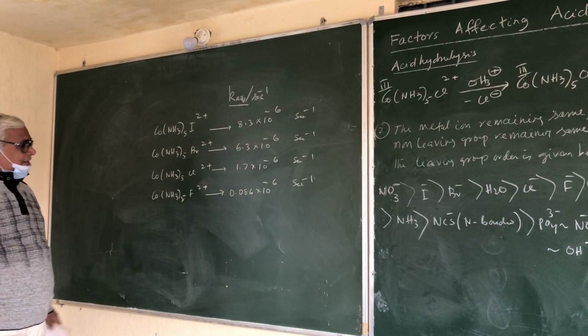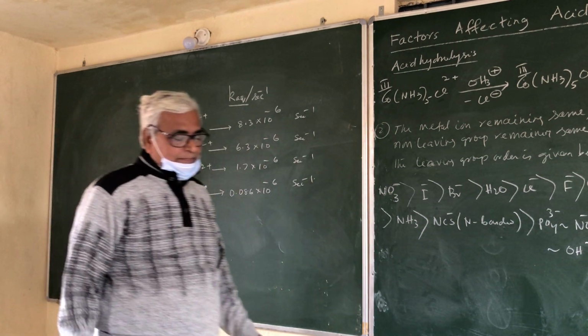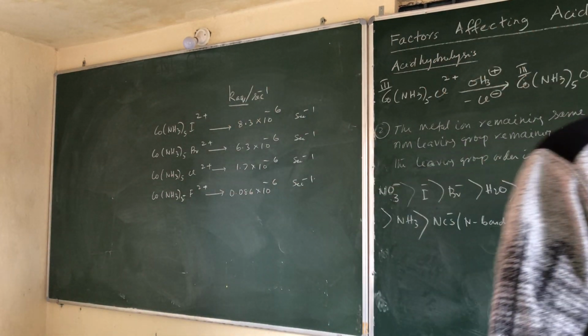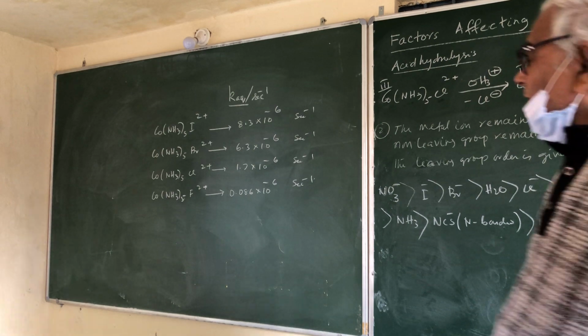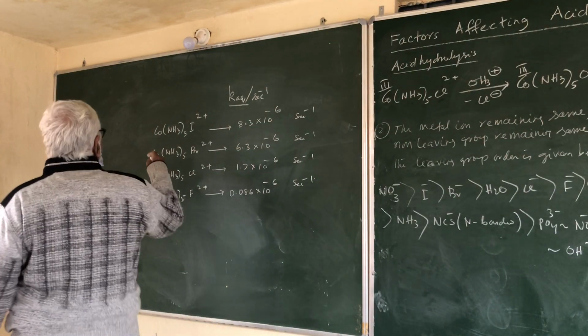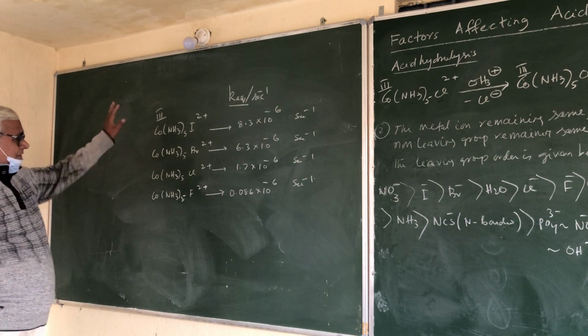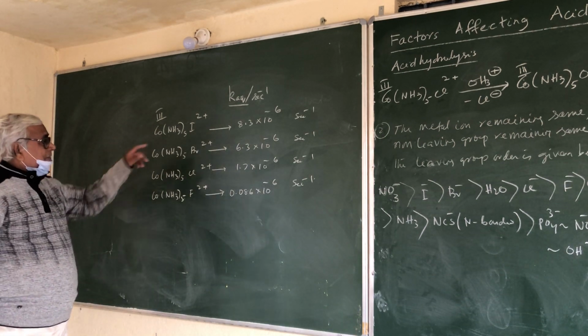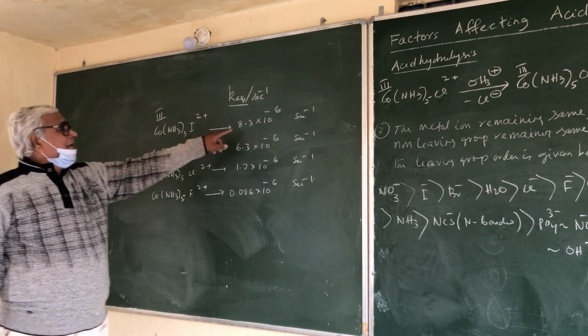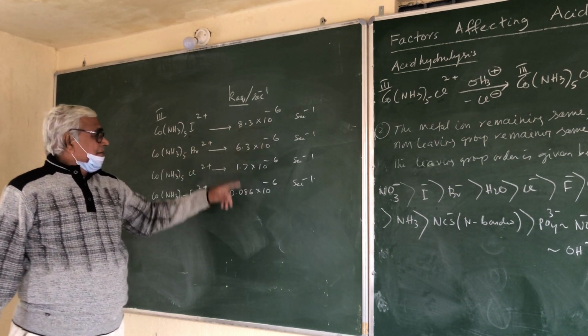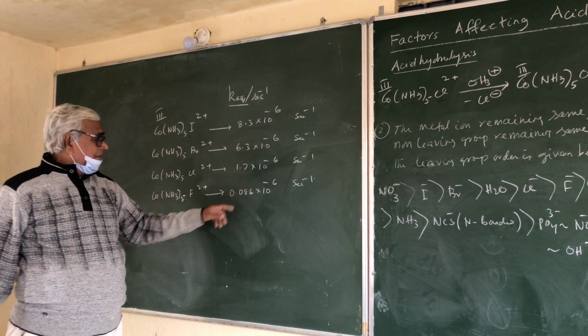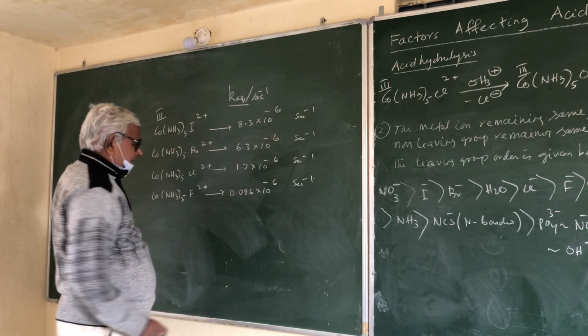So look at these four complexes. The first one is the pentaammine iodo cobalt(III) ion. The oxidation state of cobalt is +3 everywhere. So the iodo complex is aquated at a much faster rate than the other halo complexes. What is the reason?